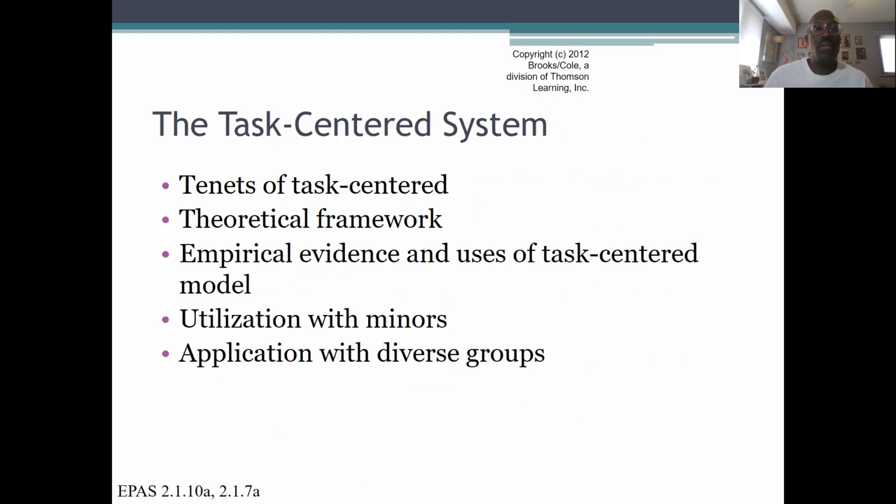So when we think about tasks, we think about steps that are needed in order to get to a goal. Task-centered systems are really looking at a different theoretical framework. They also tend to work really well with minors, and it has an application within diverse groups.